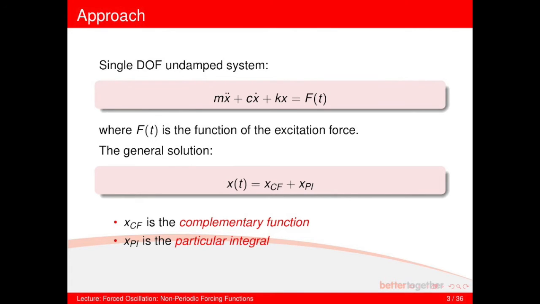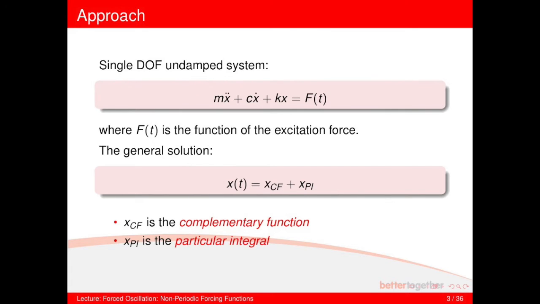And what happens in a real damped system is XCF will slowly decay away to nothing, and you'll be left with just the PI bit. A free response with damping will oscillate, and then the oscillation will die out to nothing, whereas XPI will be left with you, because that's the bit due to the force being applied.